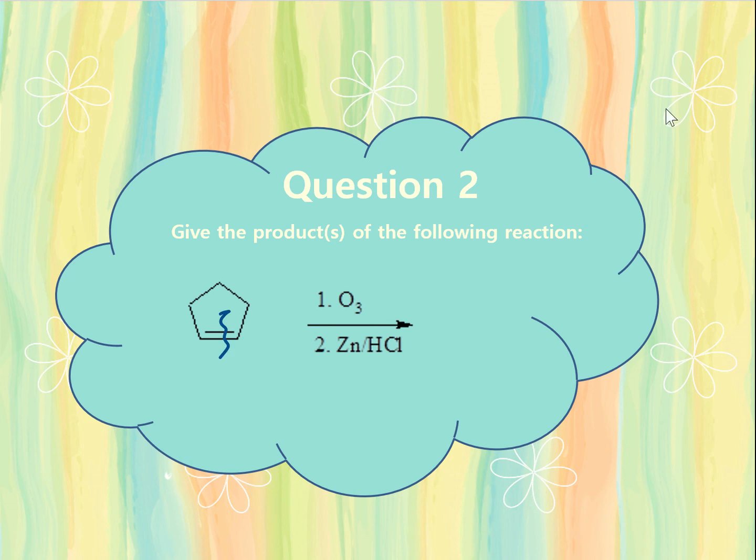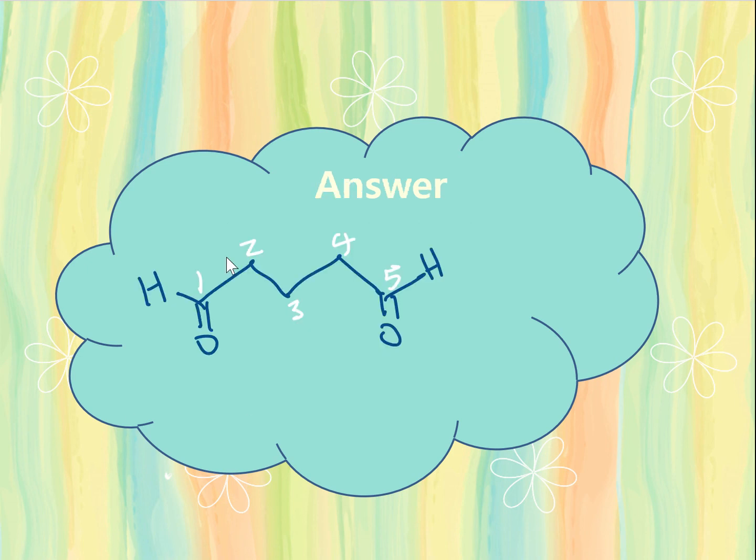And this is a reductive workup. So we would have ended with 2 aldehydes here, and then we just have 1, 2, 3 carbons in between our aldehydes.